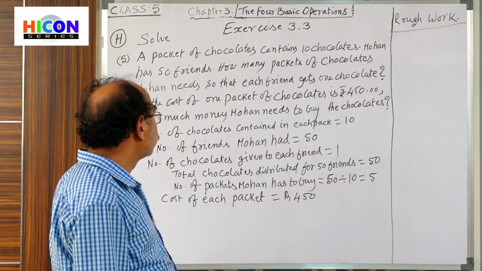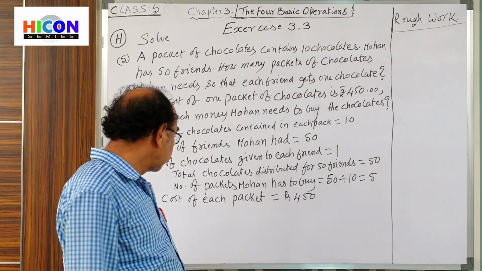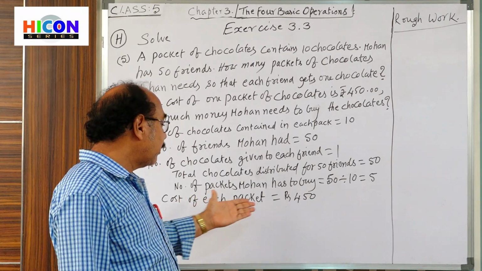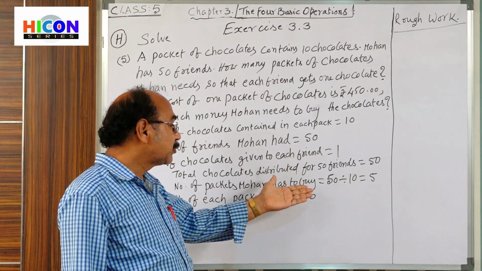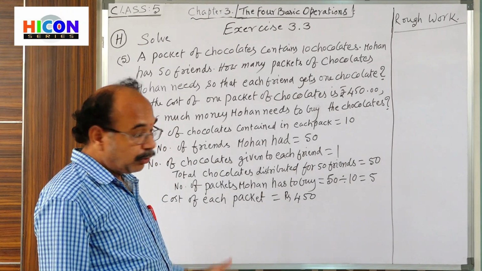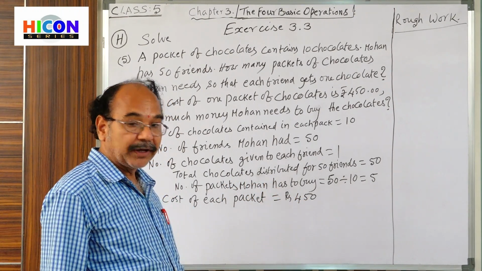So, how much money Mohan needs to buy the chocolates? Each packet 450 rupees. Here, how many packets he has to buy? 5 packets. So, total cost of the 5 packets is equal to 450 into 5.